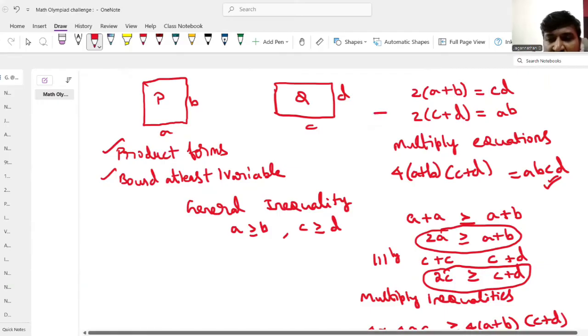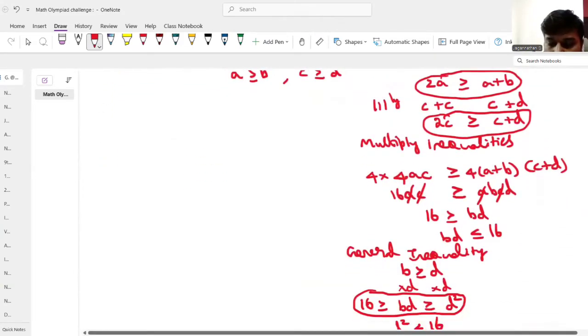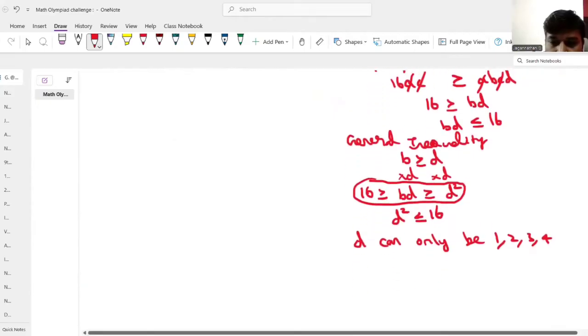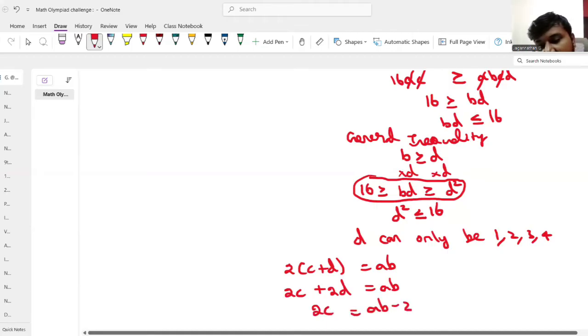This is an equation where D was separately present. So I will take that equation, 2 times C plus D equal to AB. If I take this, I'm going to get 2C plus 2D equal to AB. So I'm getting 2C to be equal to AB minus 2D.